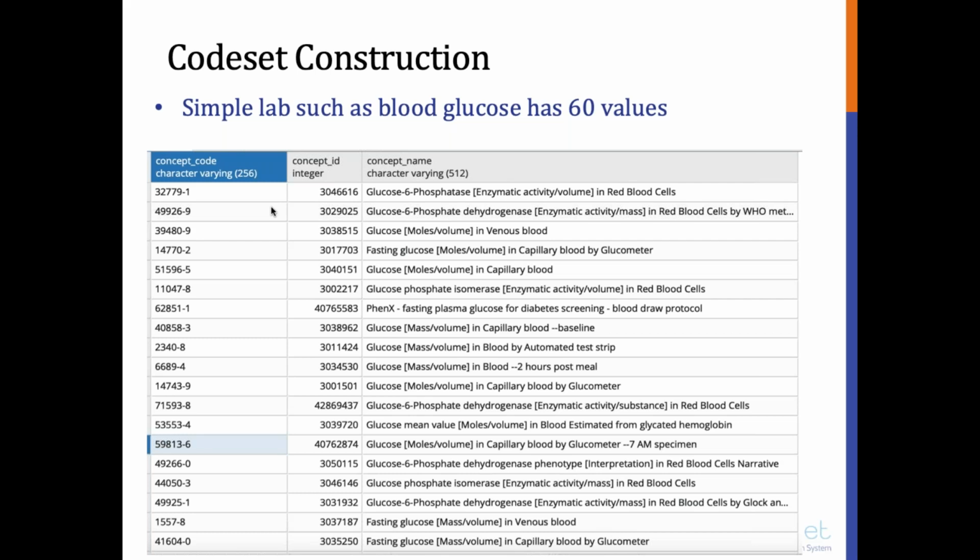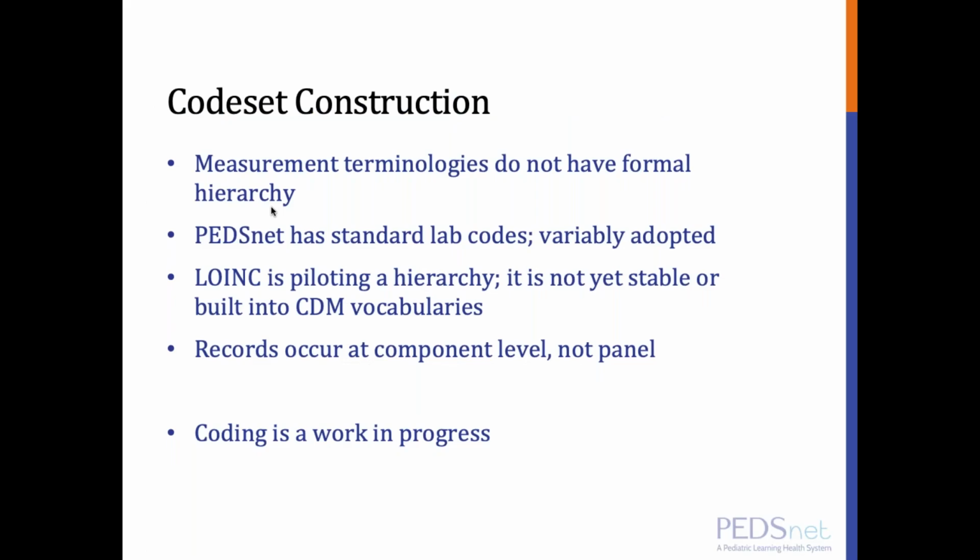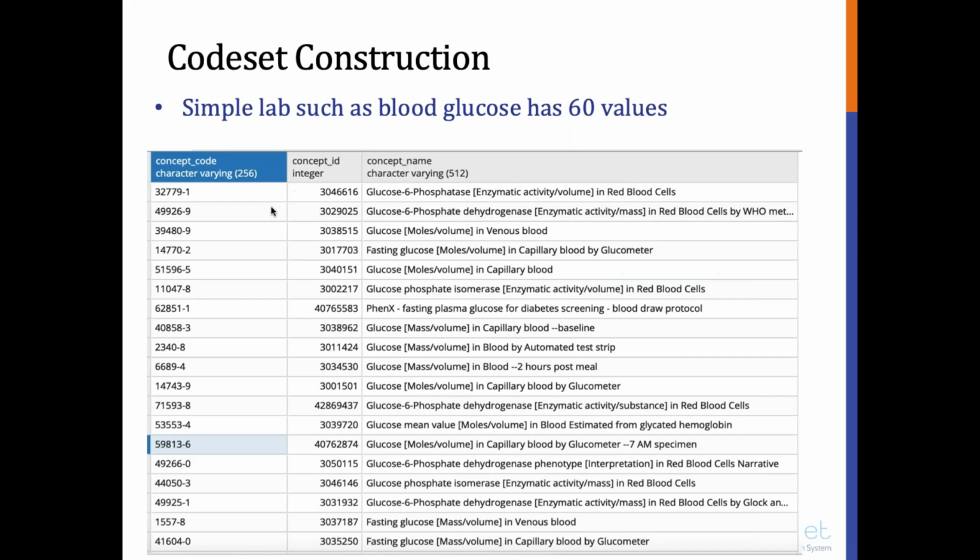So also, the measurements that are captured in this table are at the component level and not the panel level. So you wouldn't be looking for a basic metabolic panel in here. You'd be looking for an individual component, so maybe a creatinine level or glucose. But as you can see, even something that might seem simple like glucose has 60 different values. So you'd have to take that into consideration when you're building your code set.